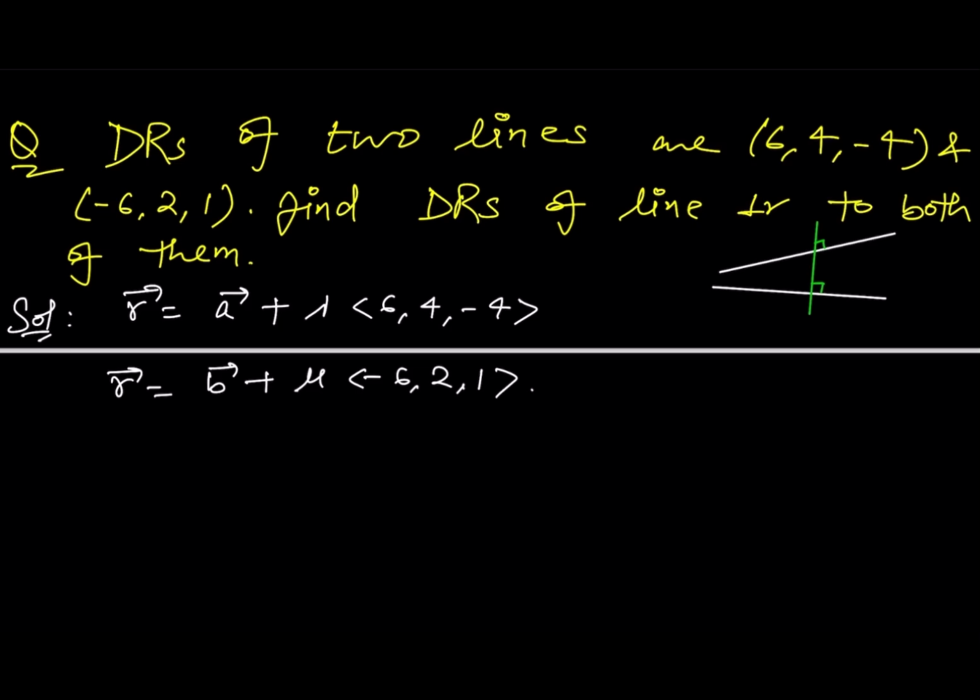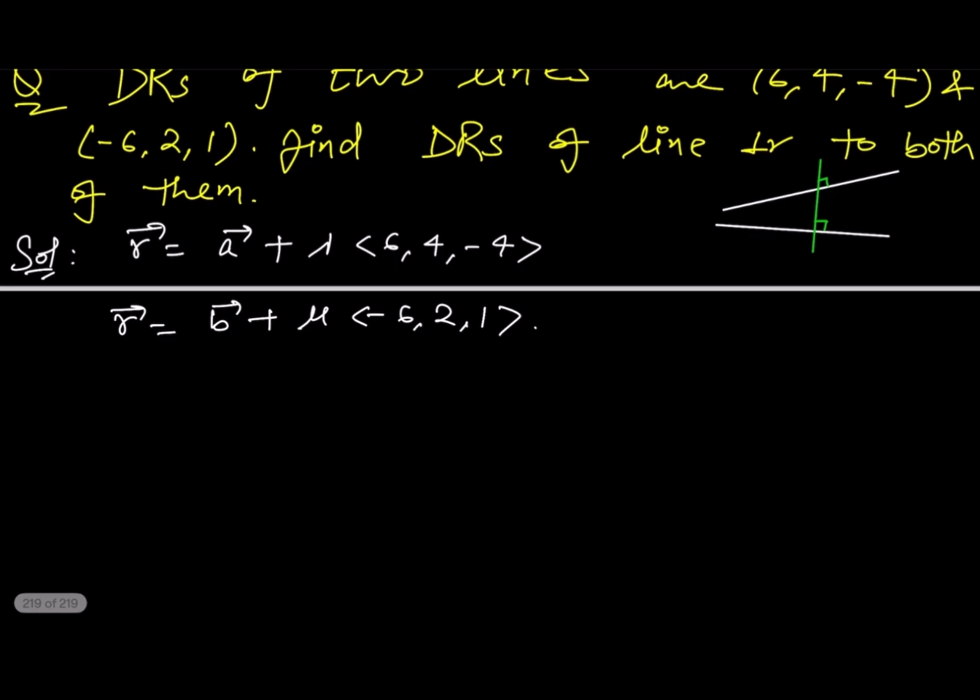Because if any line or any vector has some DRs, then it means that line is parallel to the vector having those DRs, right? The thing is that, if I want a line which is perpendicular to both these lines, then how can I find that thing?